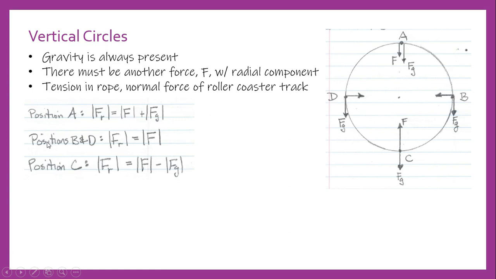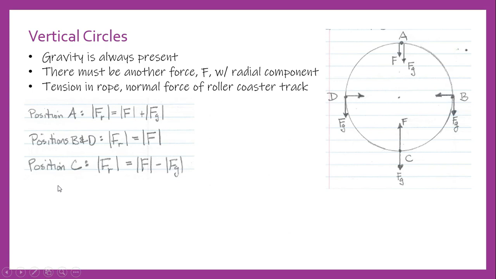When we're at positions B and D, because gravity has no radial component at these positions, the net radial force is going to just be equal to F. And at position C, the net radial force is going to be equal to the magnitude of F minus the magnitude of the gravity force.